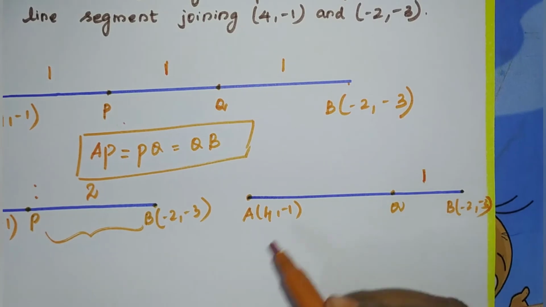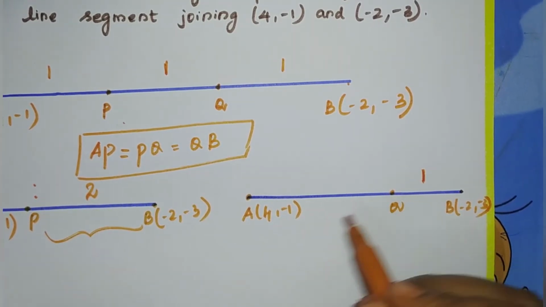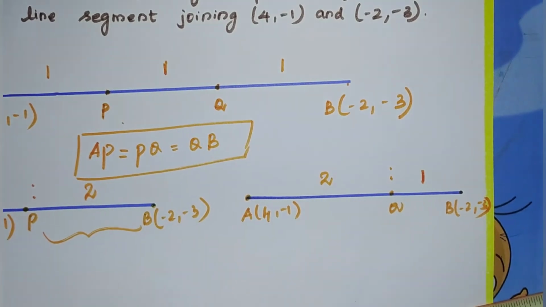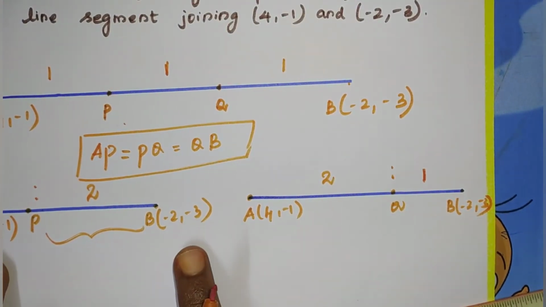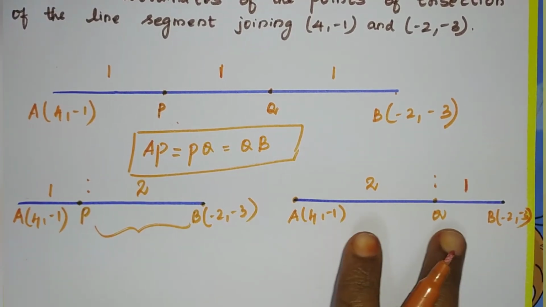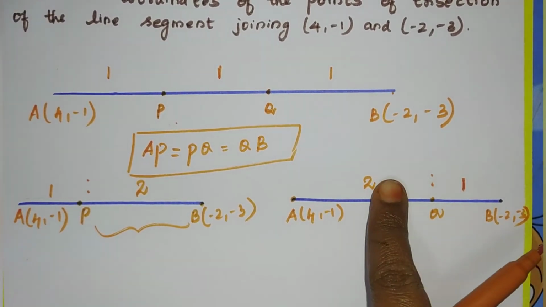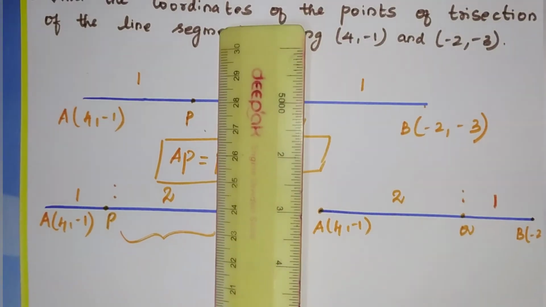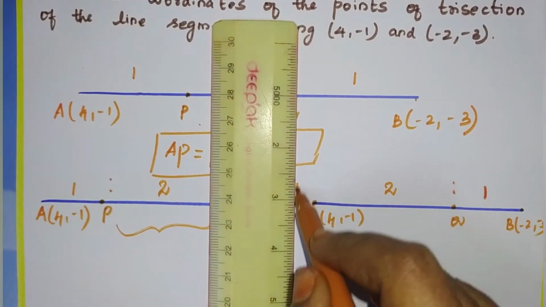So what about AQ? That is 2, in the ratio 2 is to 1. So we have 2 points and the ratio. Here also 2 points and ratio. We can apply the section formula to find the points P and Q.